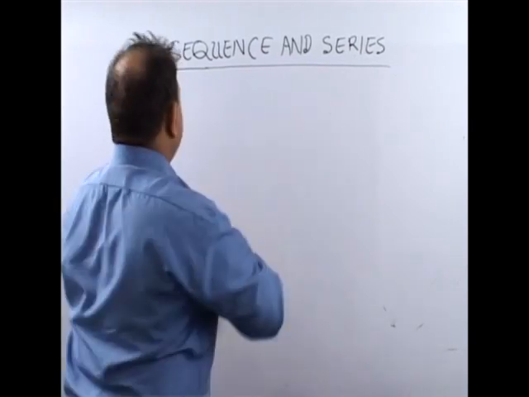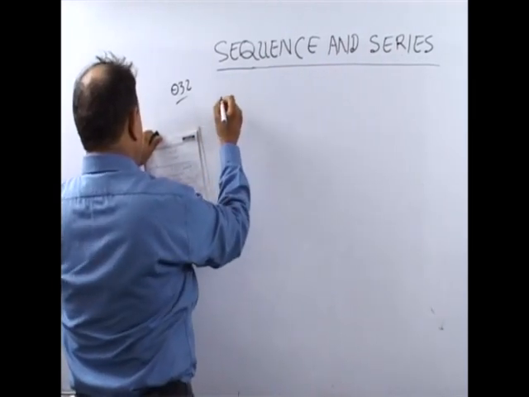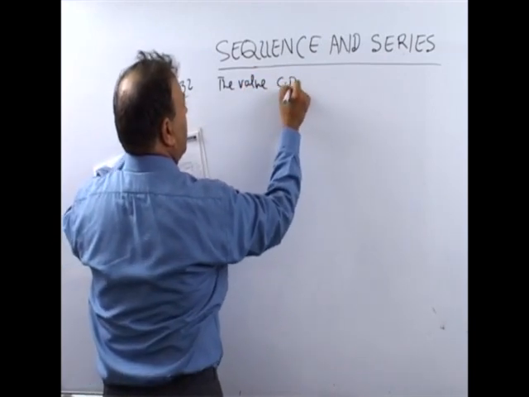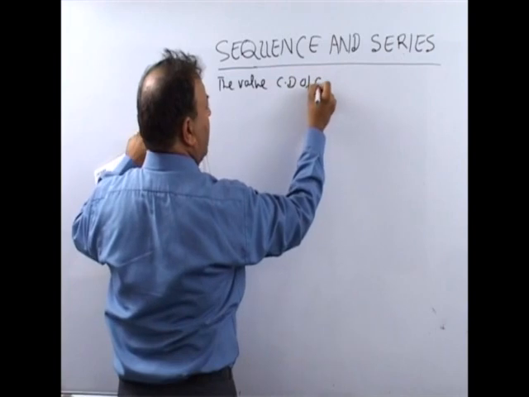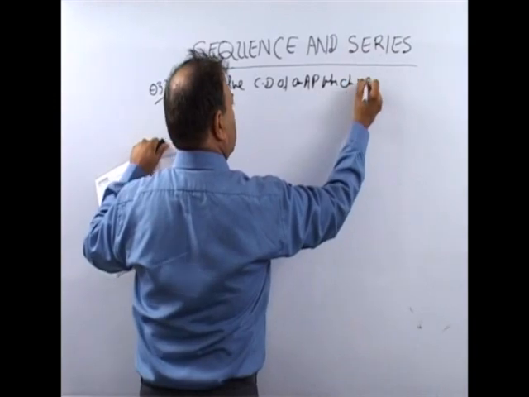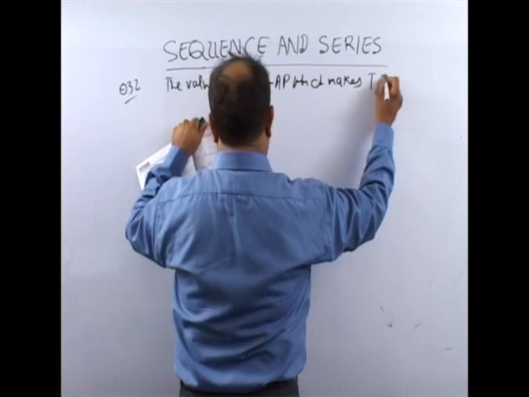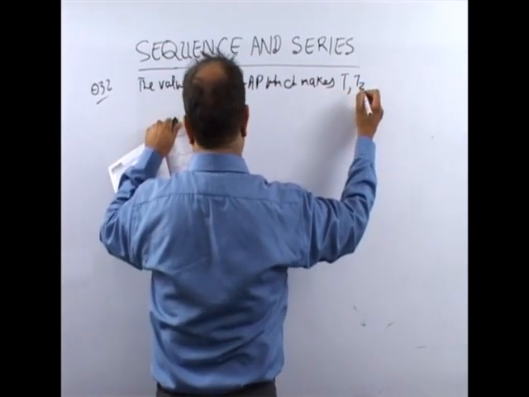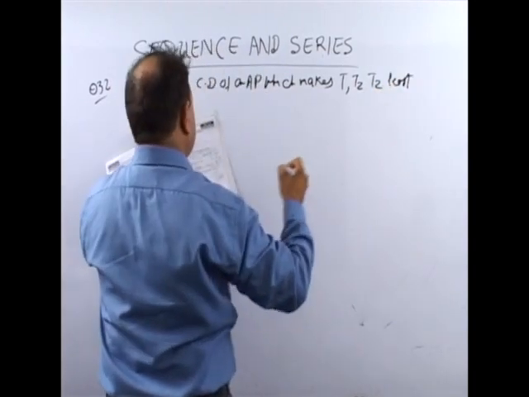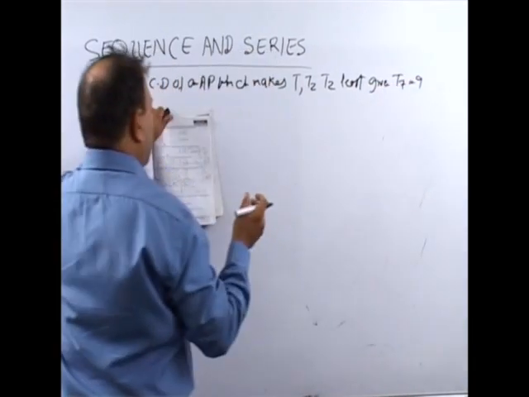The question is question number 32. In brief, I write down over here: find the value of the common difference, CD, of an AP which makes T1, T2 and T7 least, given that T7 is equal to 9, meaning the seventh term is equal to 9.